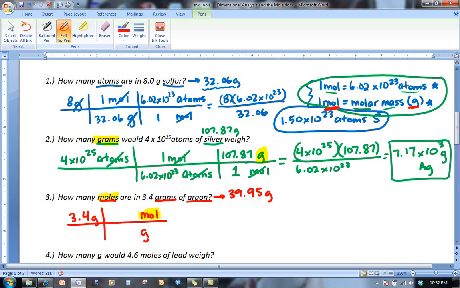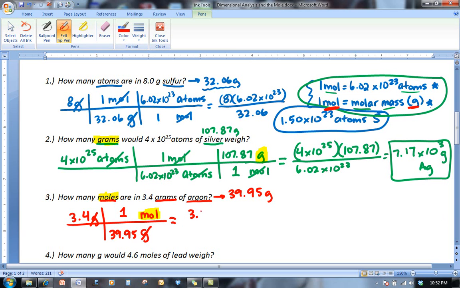So since I've got grams at the bottom and I see that it's the molar mass that's equal to 1 mole, I'm going to put the molar mass of argon on the bottom, 39.95. Grams goes away. I'm left with moles, which is what I'm looking for in the problem.